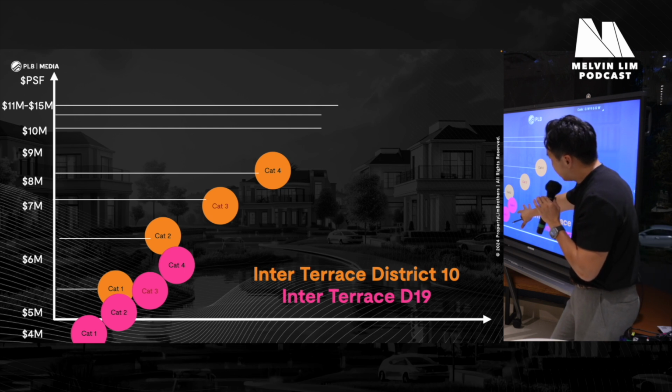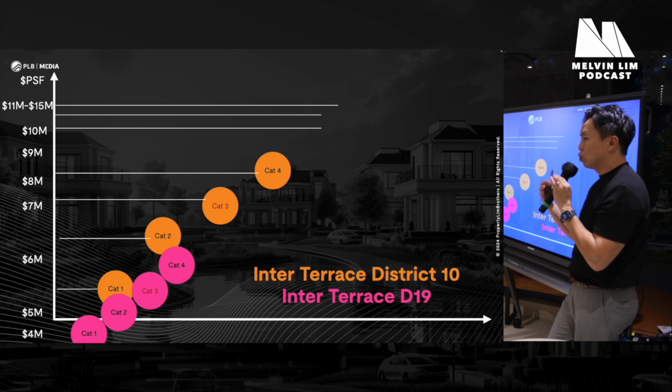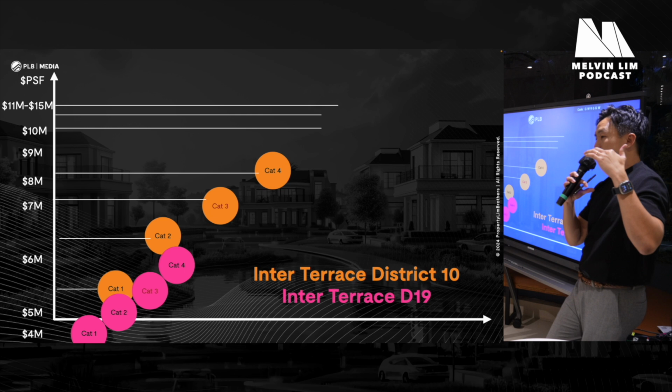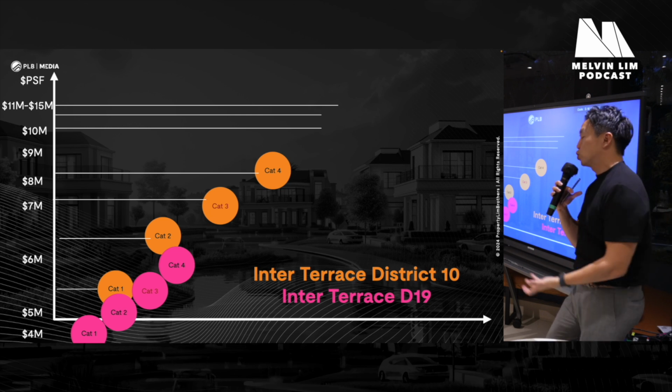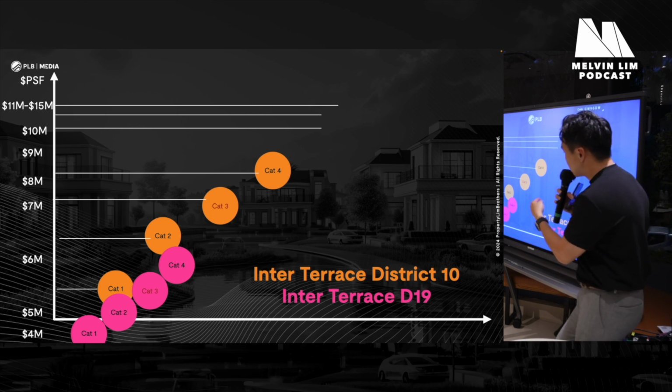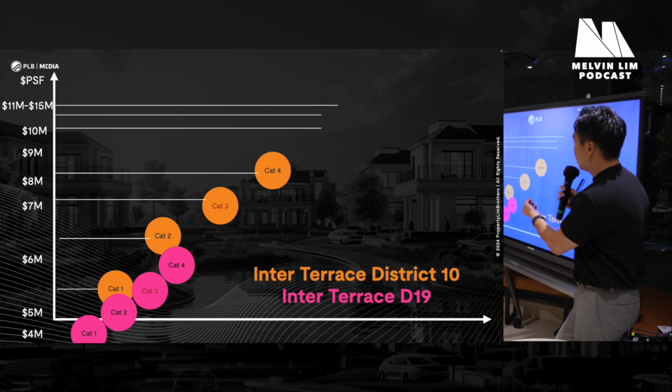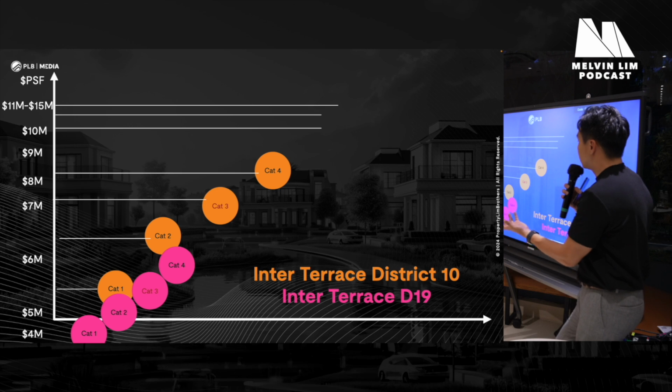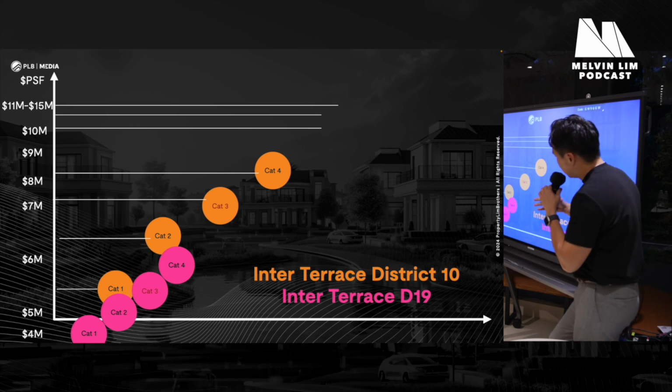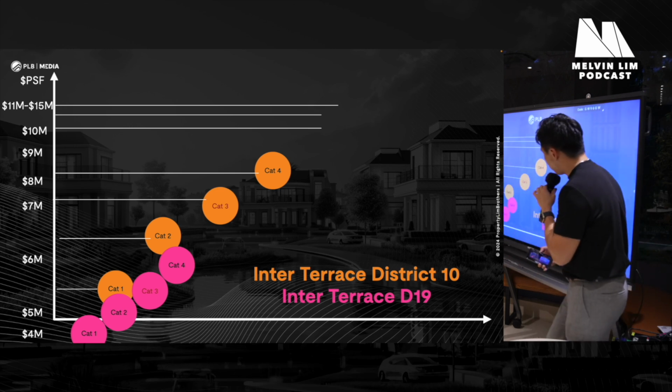This is where it is happening at. So that will also mean that certain buyers that were looking at OCR, they might also want to consider CCR as well. Because if they were to go for at least a Cat 3 in, let's say, D19, they can actually go in at a Cat 1 at the core area, which is our central district in D10, in terms of this category over here, right?